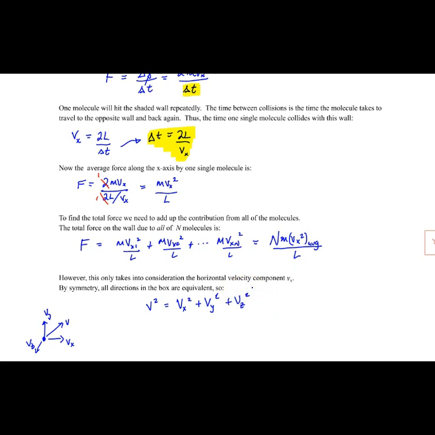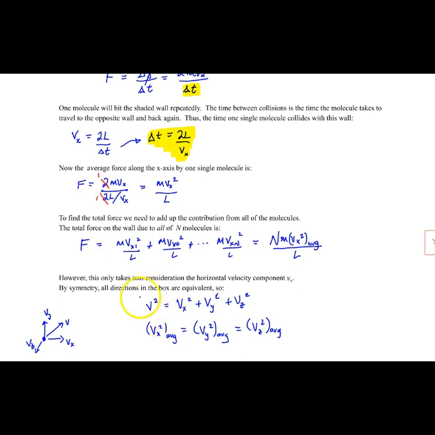And since there's symmetry in this problem, we could say that vx squared, and let's bring in the average here, the average of that squared, is the same thing as the velocity along the y component squared average, and that would be the same thing as the velocity along the z direction squared average. So they're all essentially the same because of symmetry in the problem.